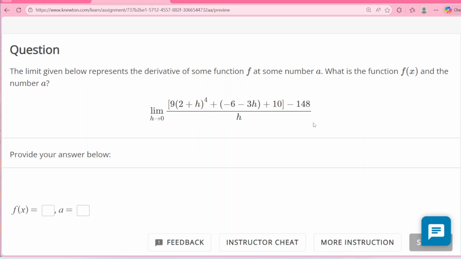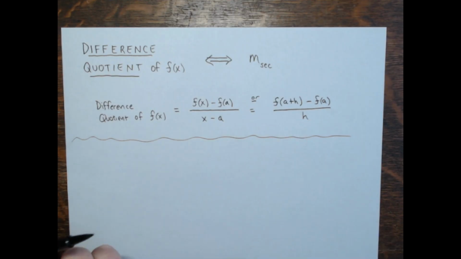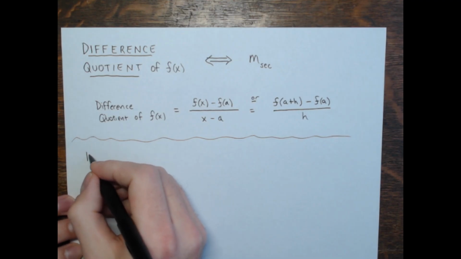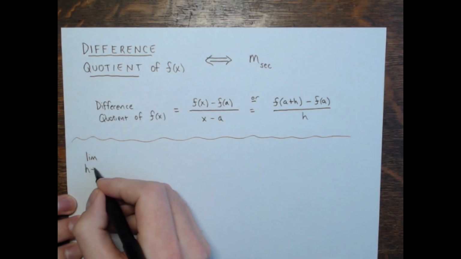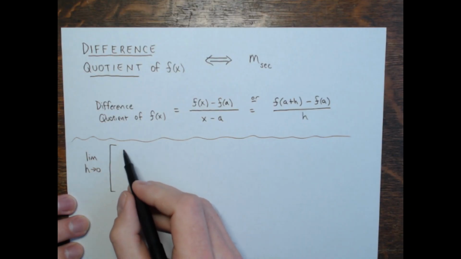All right, so I gotta mess with this a little bit because this is involving that h, right? The difference quotient here is in this form. So look, we have the limit as h approaches 0 of, and then here is the difference quotient. I'll write it the way they have with the brackets.